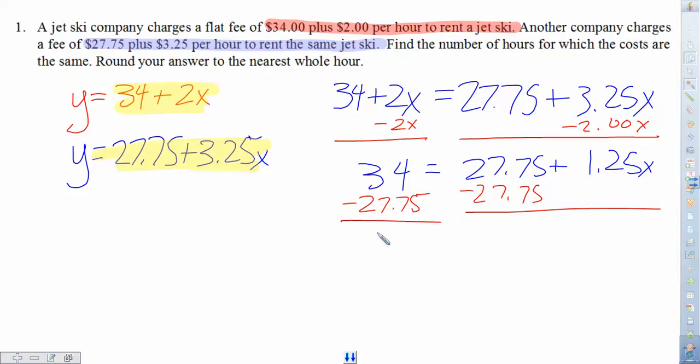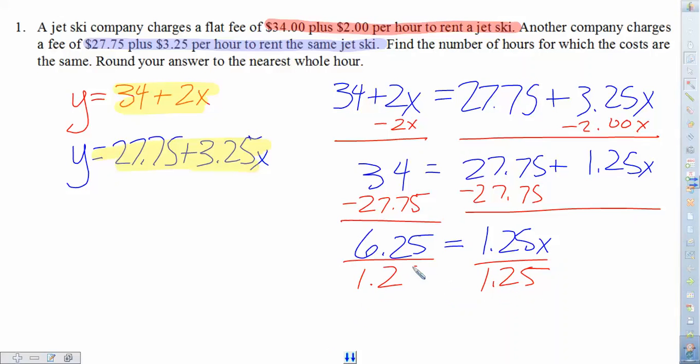That would give us $6.25 being equal to 1.25 times x. Finishing move here, dividing both sides by 1.25, and then we get our answer: x needs to be equal to 5. In other words, for those two companies to charge the same amount, it would have to be 5 hours.